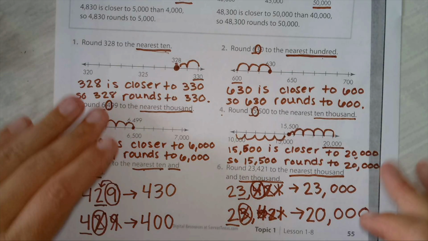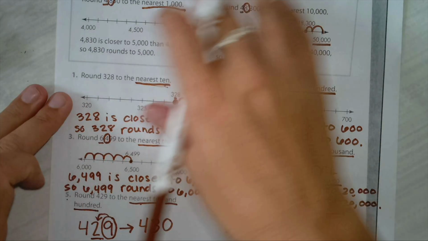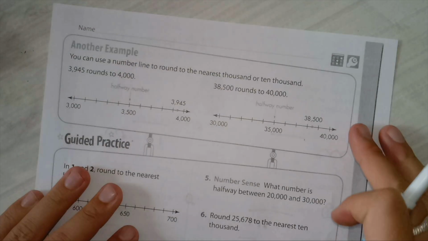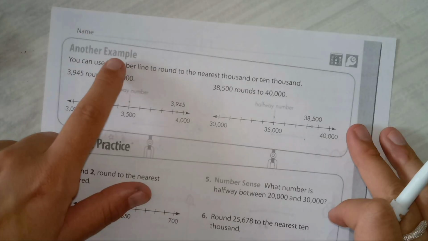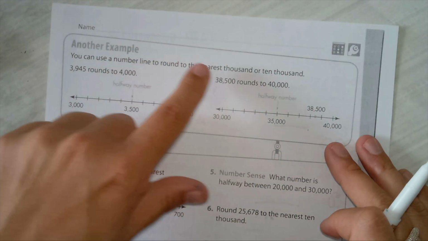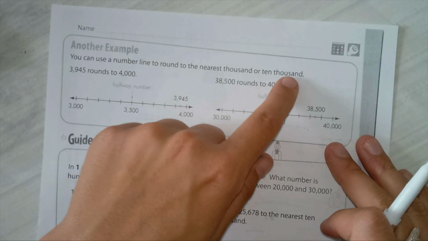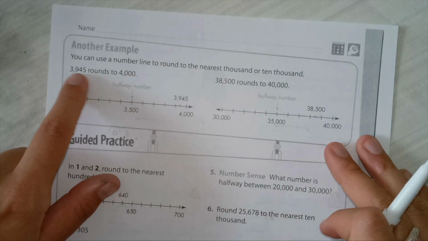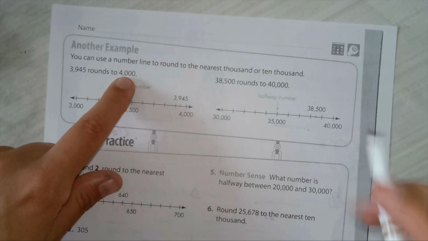Okay, now that we have practiced the front together, you're going to go to the back, look at your example. You can use a number line to round to the nearest 1,000 or 10,000. 3,945 rounds to 4,000. Why?